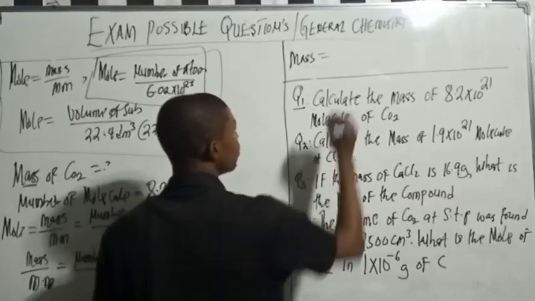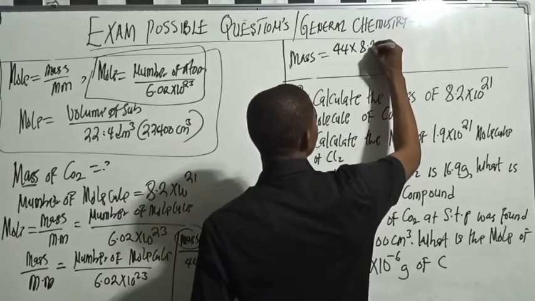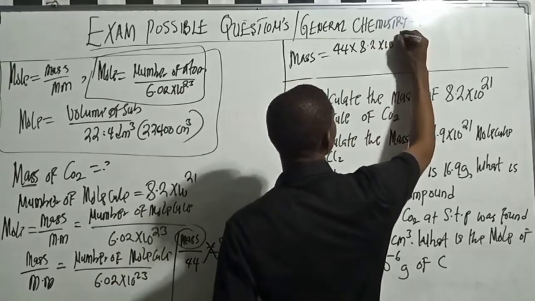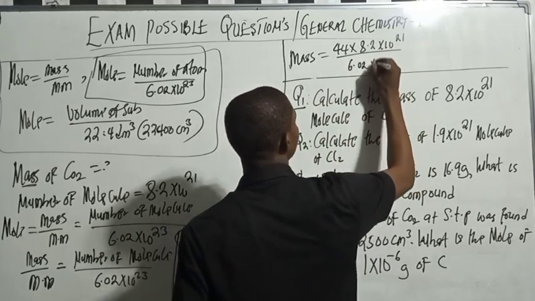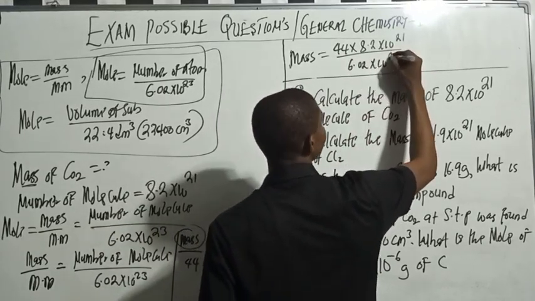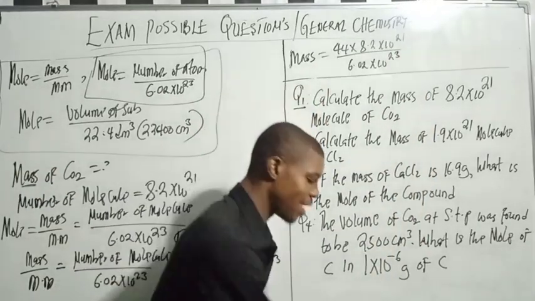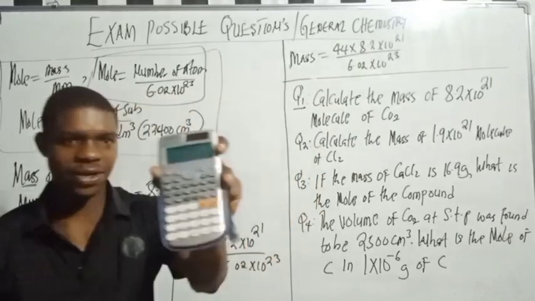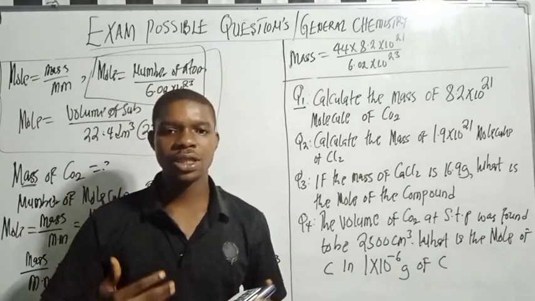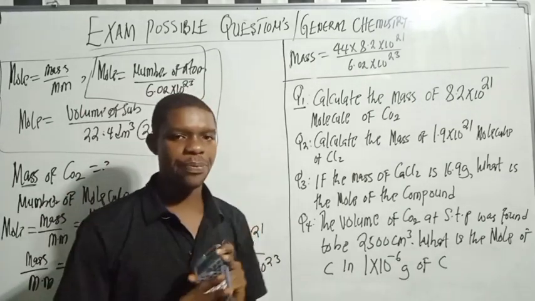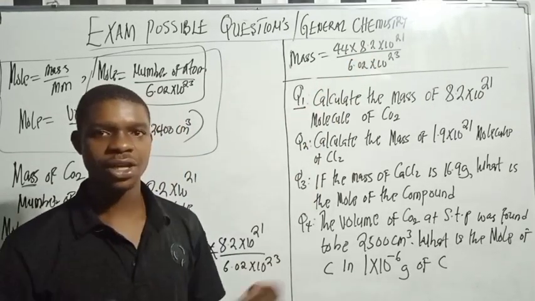So you have 44 times 8.2 exponential 21 over 6.02 exponential 23. So bring out your calculator. I advise you to get a scientific calculator. It's very important because it's going to help you solve so many things and get your answer accurately without stressing yourself much.